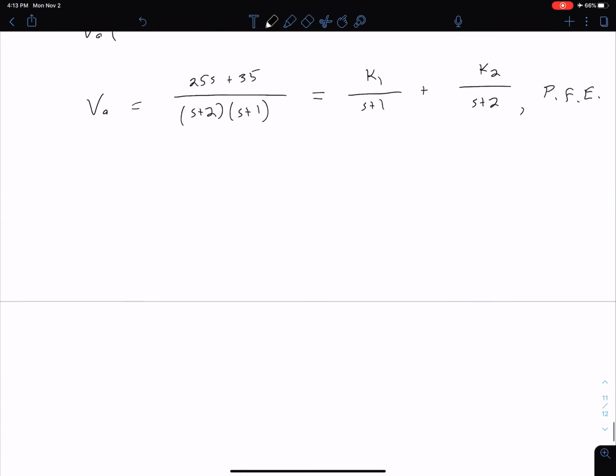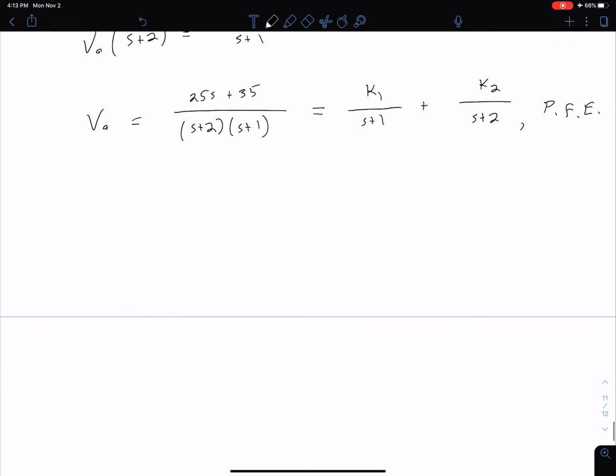Solving for that, we can say our k1, using our residue method, is 25s plus 35 divided by s plus 2, evaluated at s equals -1. This is case 1 we looked at in partial fraction expansion, real and distinct poles.